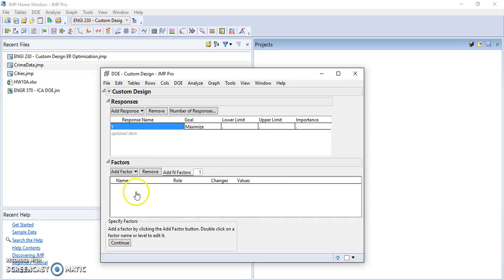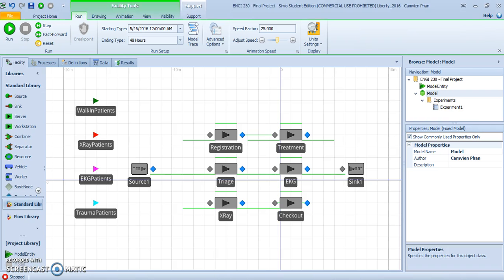For my factors, I had 6 factors, and my factors happen to be the capacity of the servers. There's nothing we can change about the actual inputs of the system. I can't say we're going to make the patients walk in at a slower rate, or make x-ray patients wait 10 minutes.